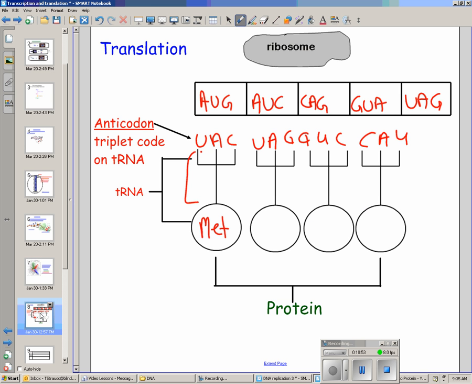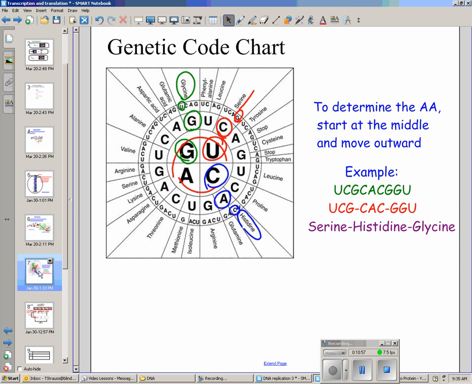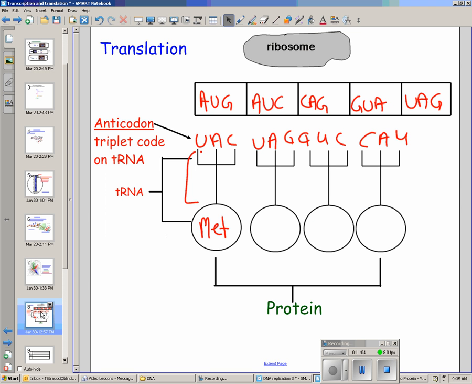Oh, that's because we need to do AUC. So if we do A, U, and C, we get isoleucine, which we're going to abbreviate as I-Lu. And then let's do this one. We have GUC.